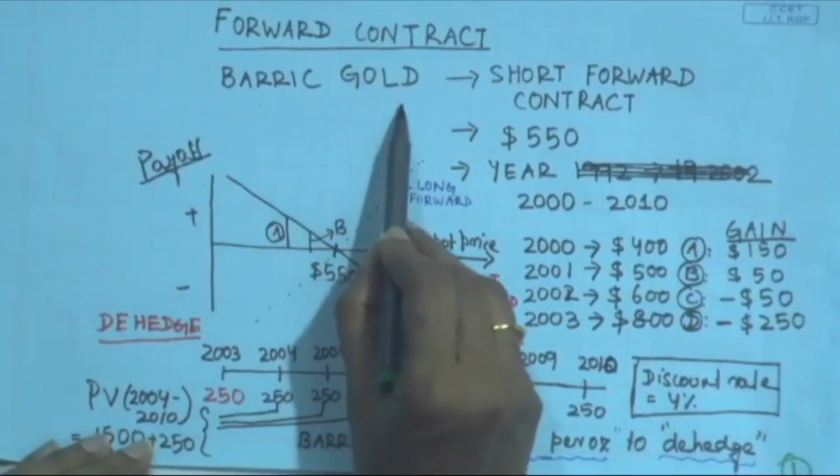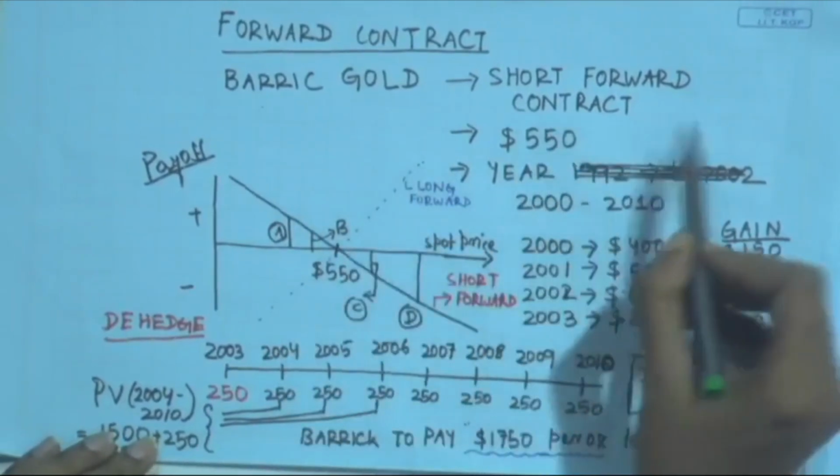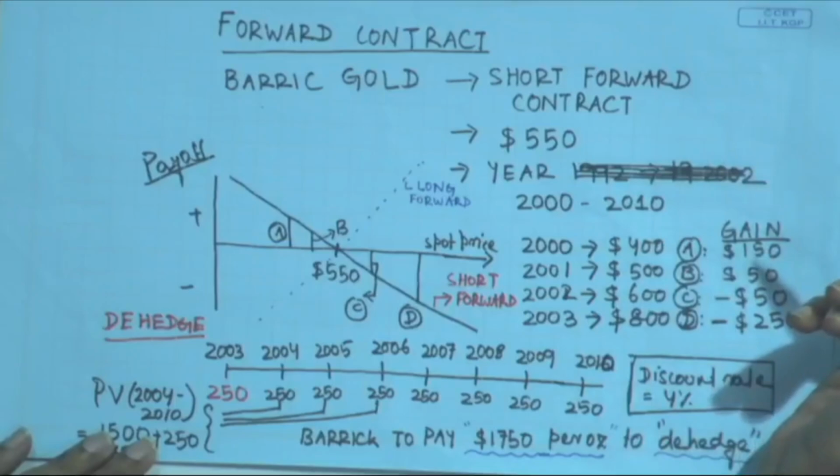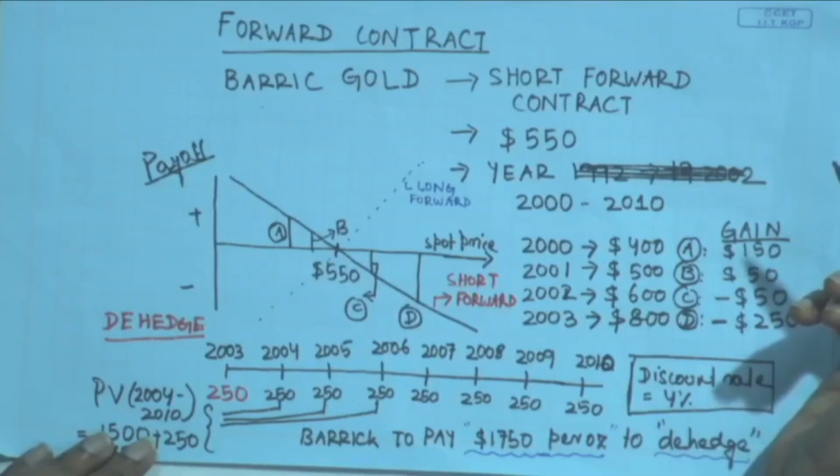Let's say during 2000, it entered into a short forward contract for selling gold at a price of $550 per ounce, and this contract started in the year 2000 and ran up to the year 2010.